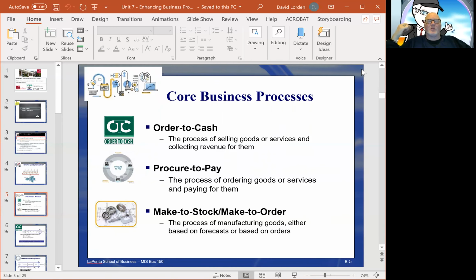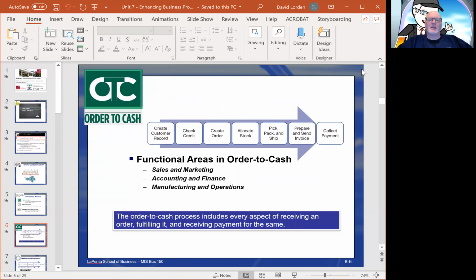The second one is more about how a company works with its own vendors to get the raw materials that it needs to run its organization. So they order goods so that they can make the goods and services that they ultimately sell to customers. And the third basic process has a little bit more depth to it. It's the process of manufacturing goods either based on a forecast or based on a unique order. We're going to go through these in a little bit more detail now.